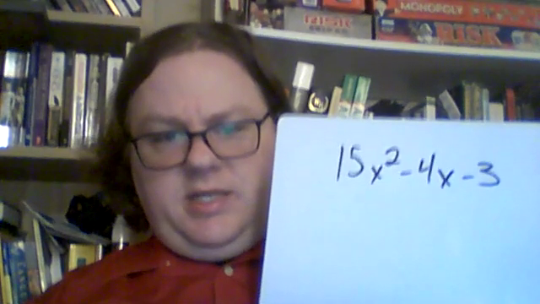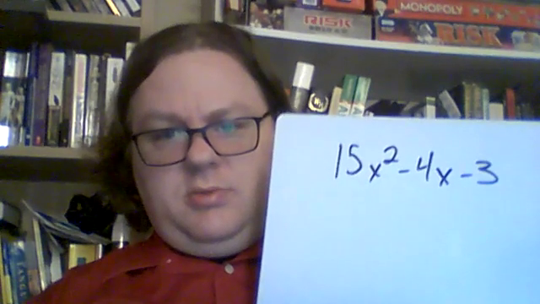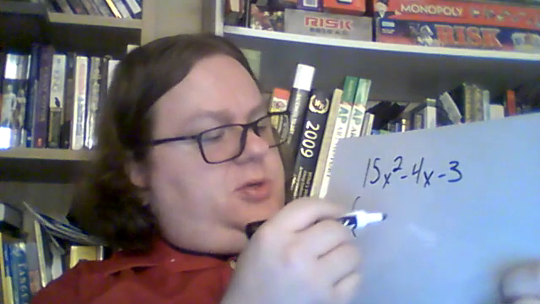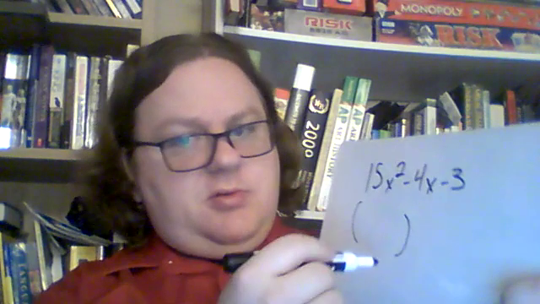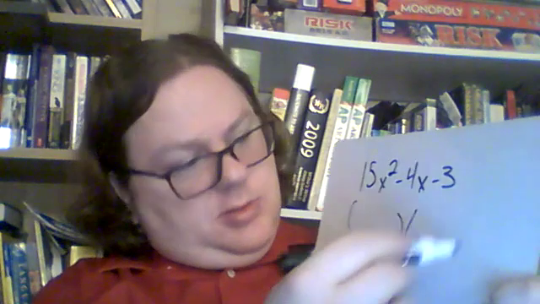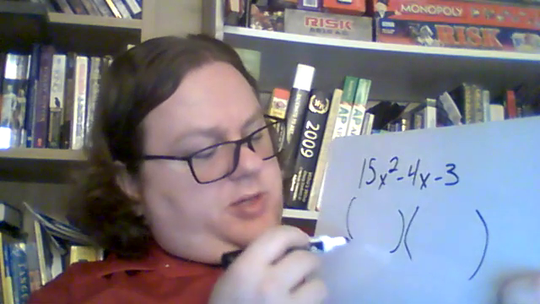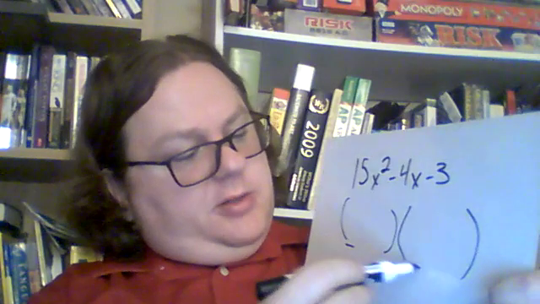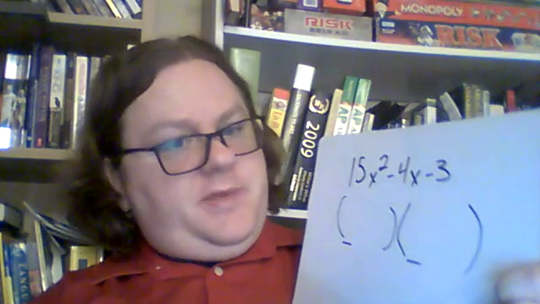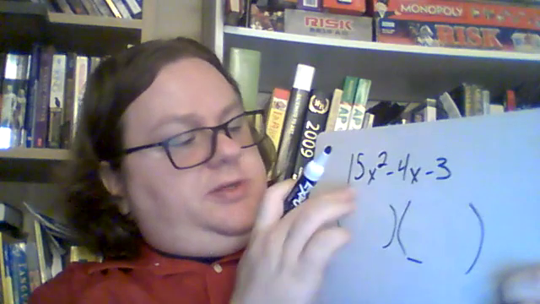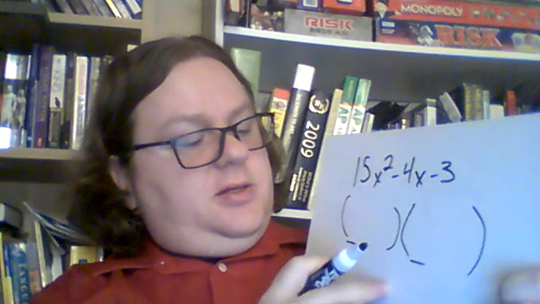So let's see what we get. So we've got two binomials with a number here and a number here that multiply to be 15.